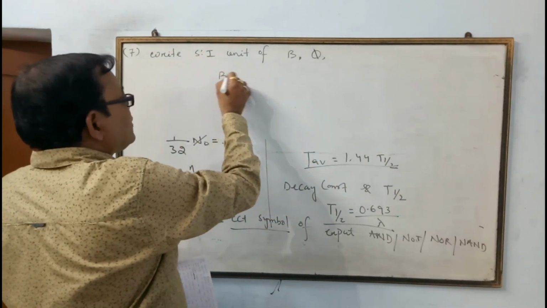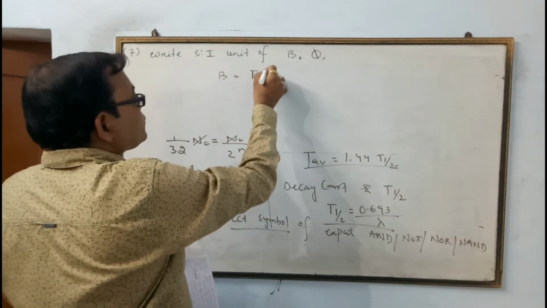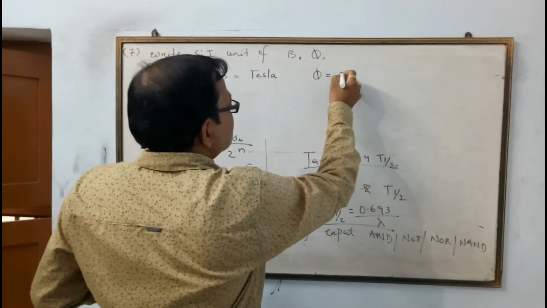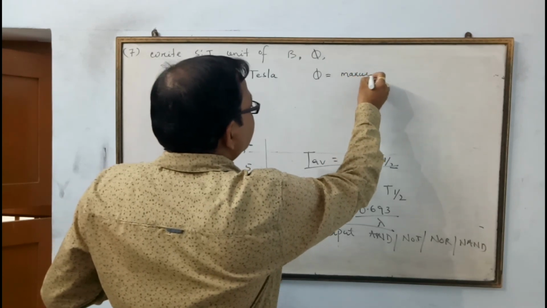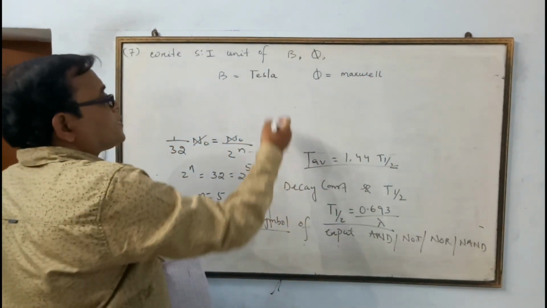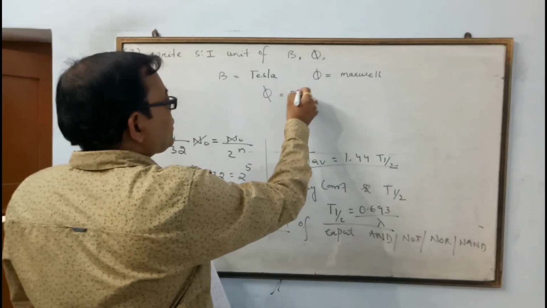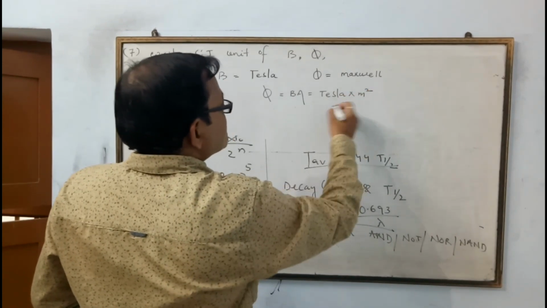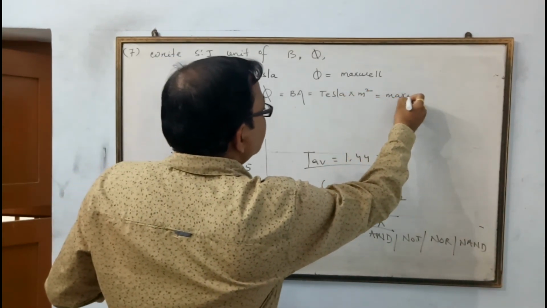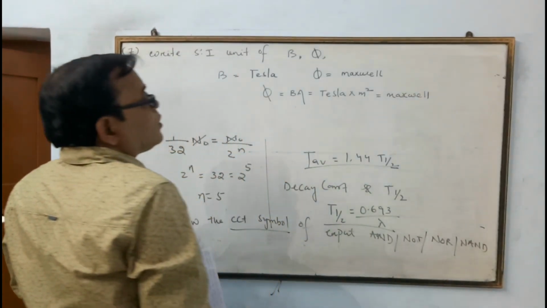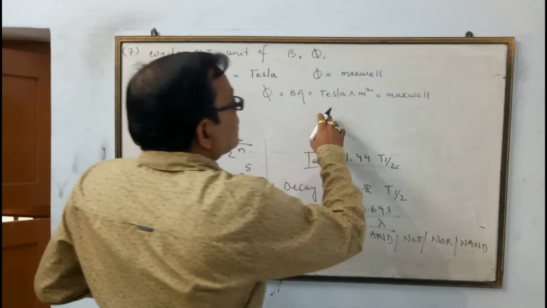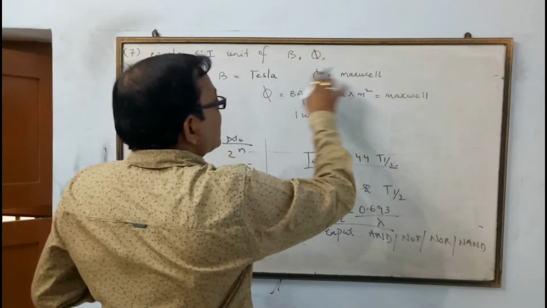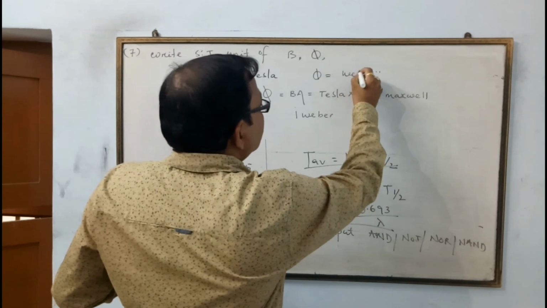B, the magnetic field, is expressed in Tesla, and the magnetic flux in Maxwell. There is a relation that phi is equal to B into A, that is Tesla into meter square, which is Weber.